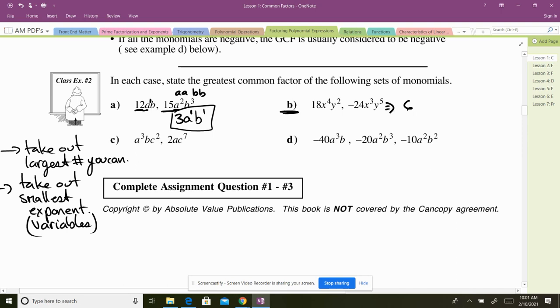Then you look at the variables. X to the 4, x cubed. What's the smallest exponent? X cubed. Y2, Y5. That's your greatest common factor for those two terms.